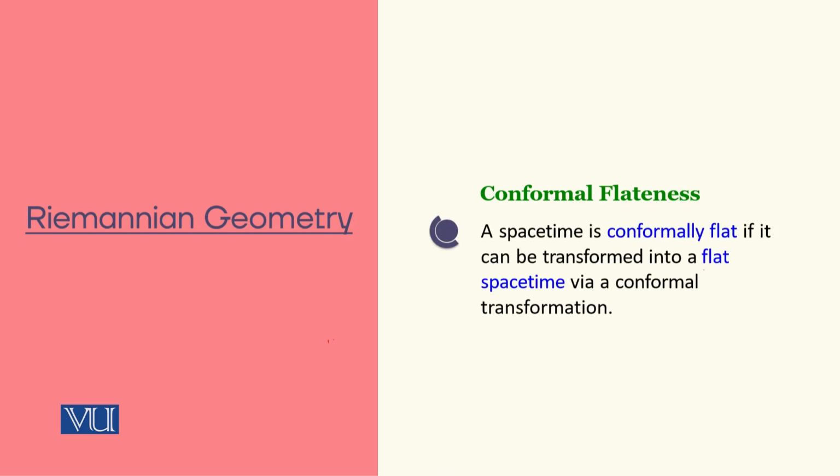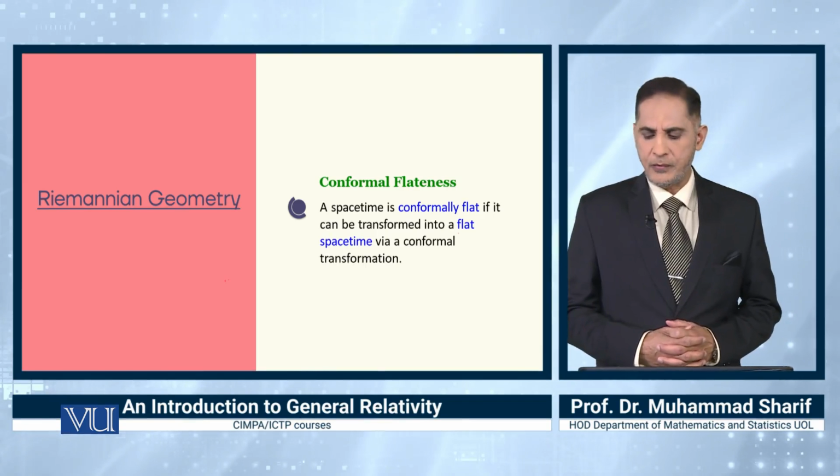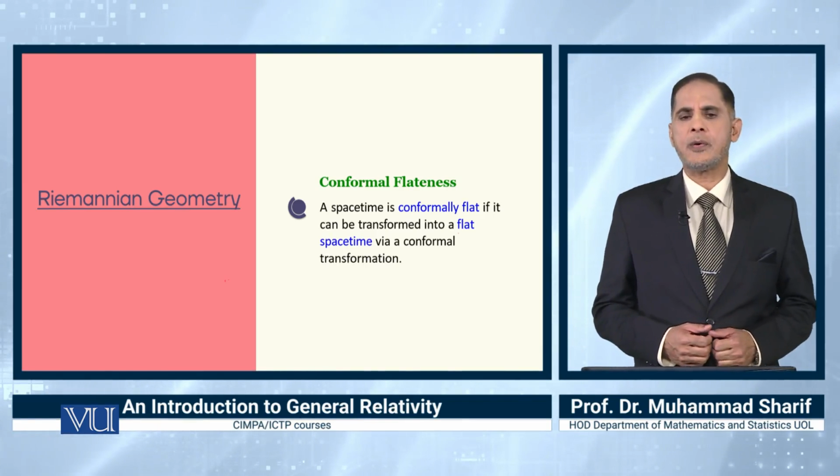Okay, so we have seen how the Christoffel symbol changes under conformal transformation. Next, on the basis of this transformation, we define a very well known concept, conformal flatness. A space-time is conformally flat if it can be transformed into a flat space-time by using a conformal transformation.